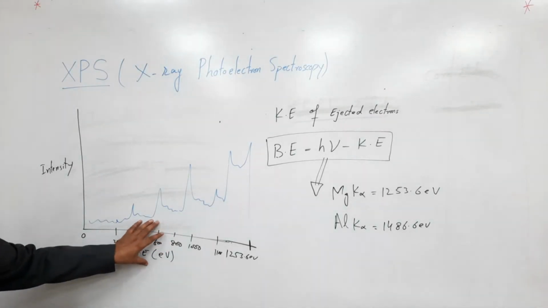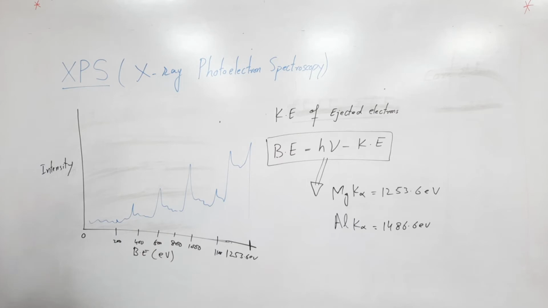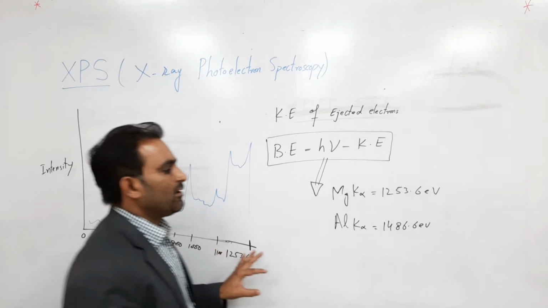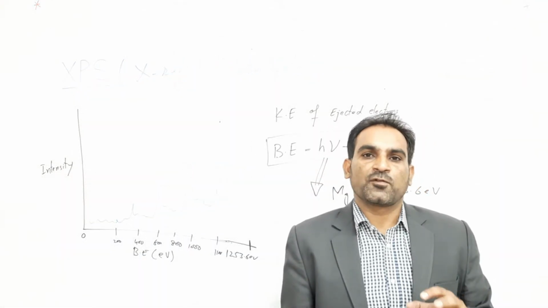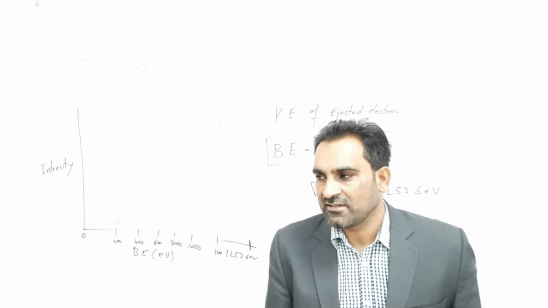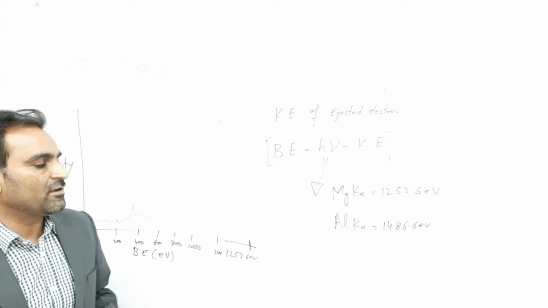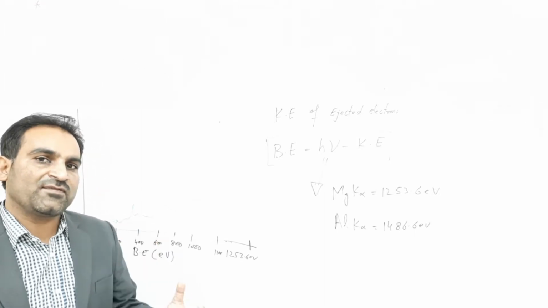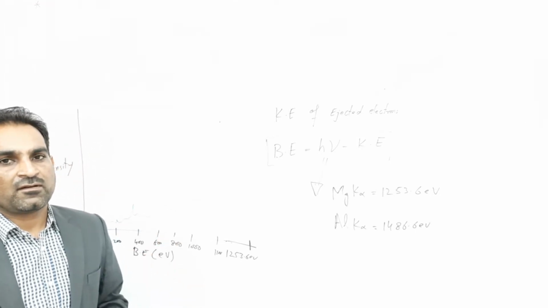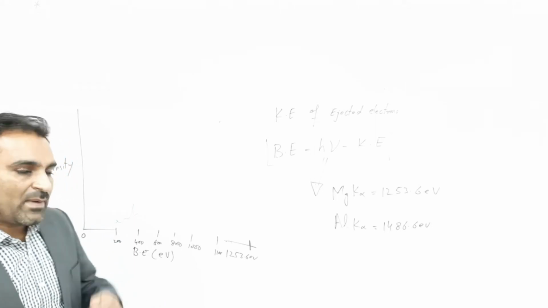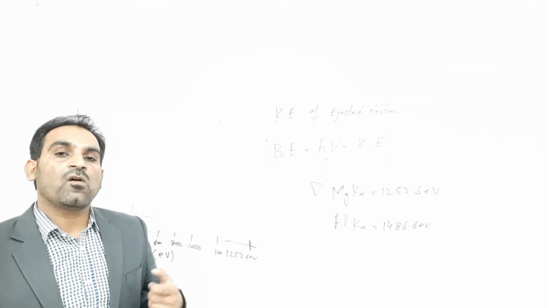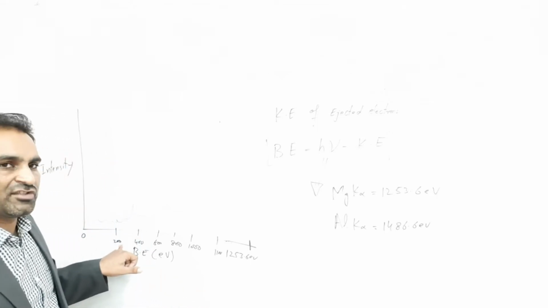This is your XPS spectrum. Here you have the binding energy of electrons from the core orbitals, and here you have the intensity. Peak position and peak intensity are two important things to consider. Peak position gives you information about the specific element. It means specific elements have their own binding peak position.